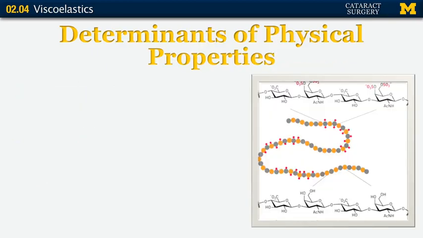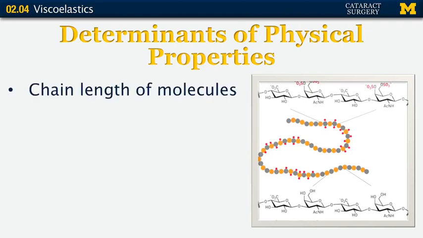Now that we understand some of these fancy rheologic terms, let's talk about the physical characteristics of some of the compounds which determine their properties. One of the characteristics that determine a viscoelastic's property is its chain length. So these are polymers that usually have pretty long chain lengths. And if you increase the chain length, it will obviously increase the interactions that the molecule has within itself.